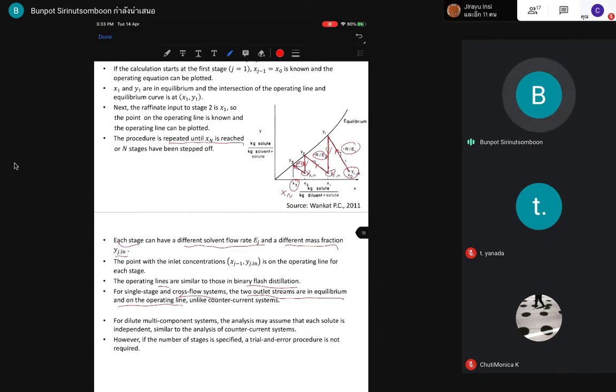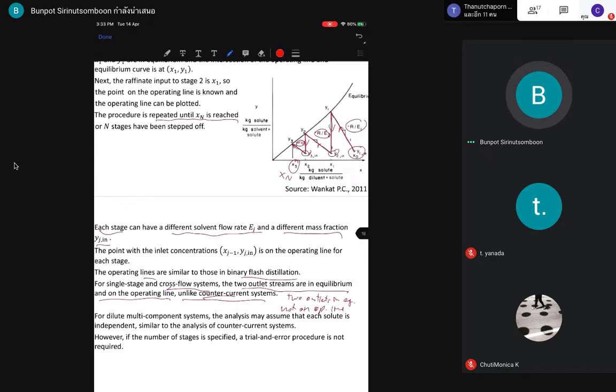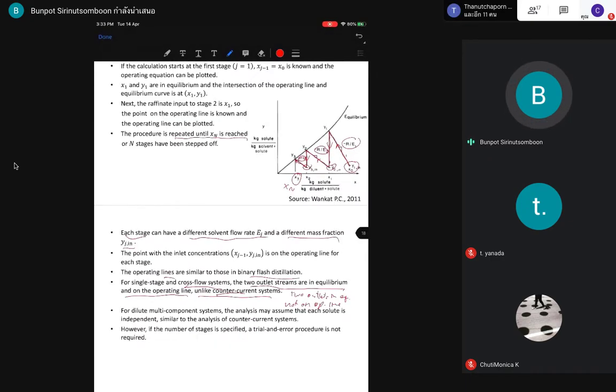Unlike the counter current, where the two outlet streams are in equilibrium but not on the same operating line.